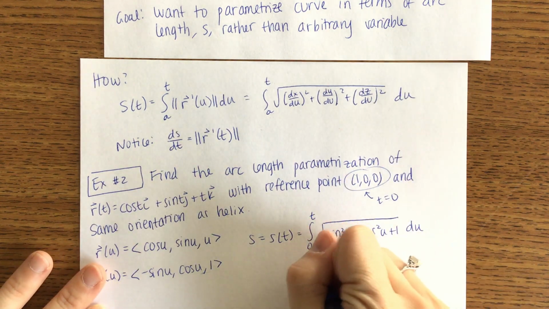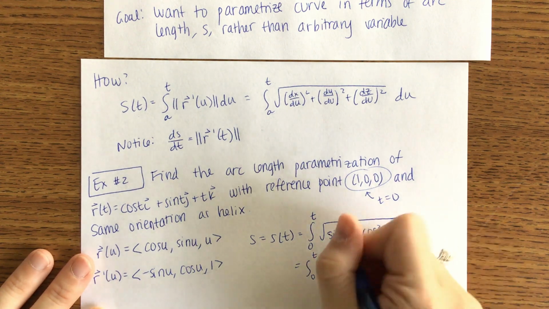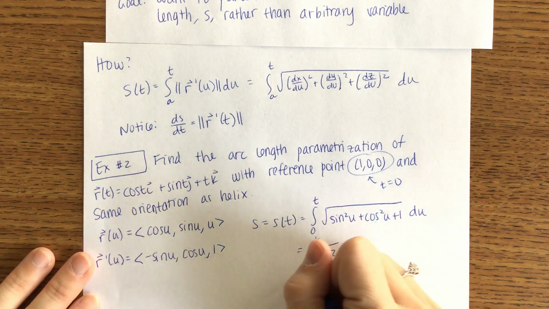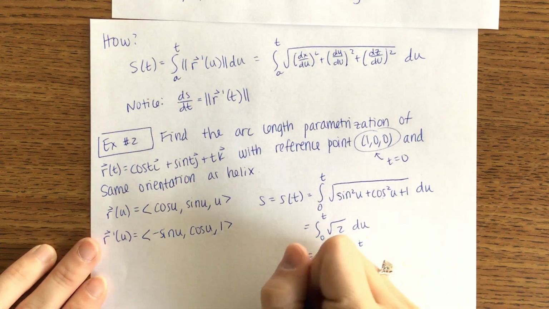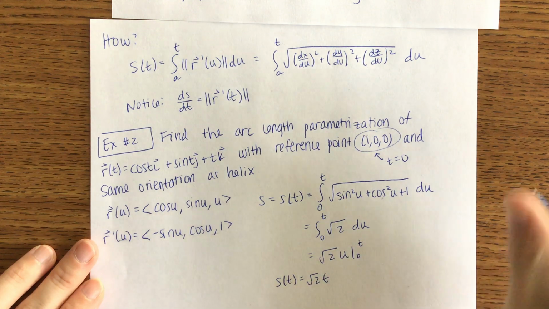Okay, so we're integrating from 0 to t. Sine squared plus cosine squared is 1, so 1 plus 1 is 2, du. So this ends up being the square root of 2 times u from 0 to t. So we get our s of t to be equal to root 2 t.